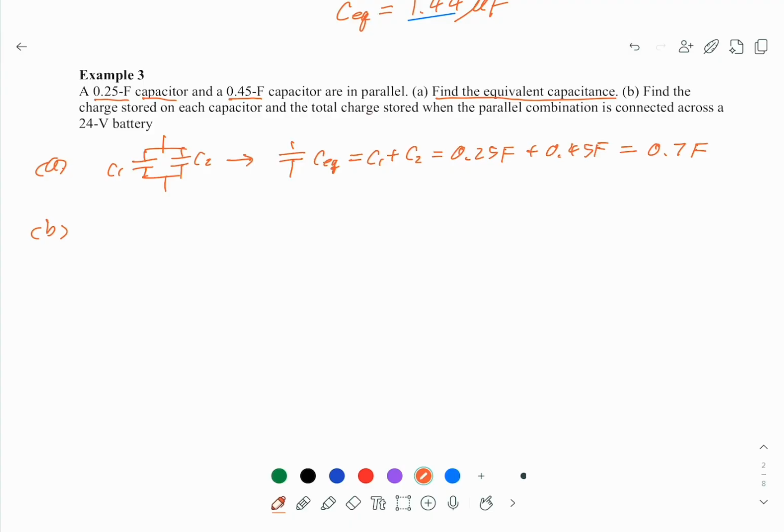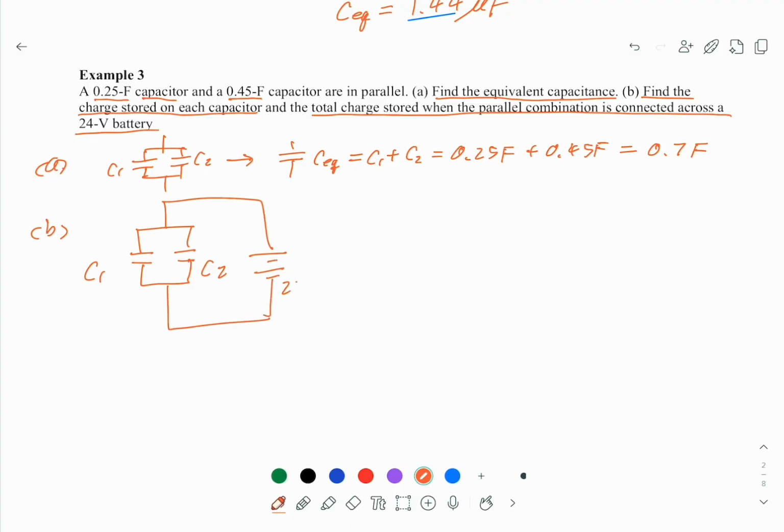B. Find the charge stored on each capacitor and the total charge stored when the parallel combination is connected across a 24-volt battery. Okay, so first let's draw this one, C1, C2, connected to a battery source.